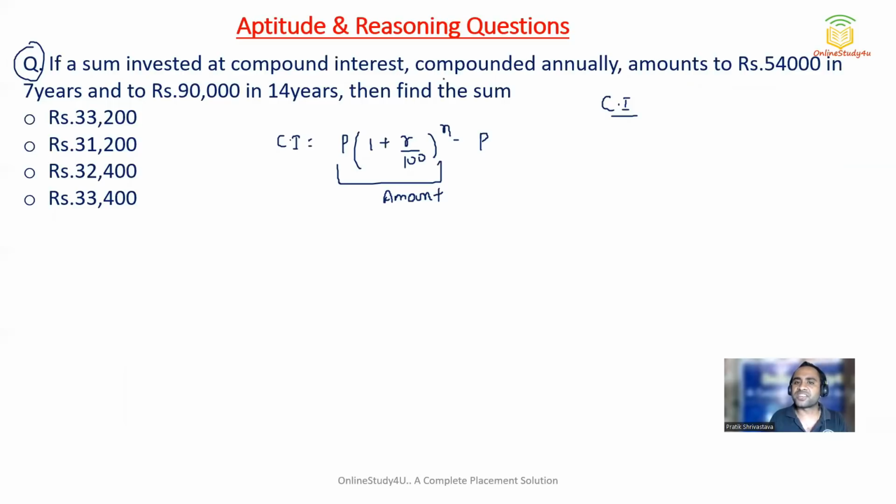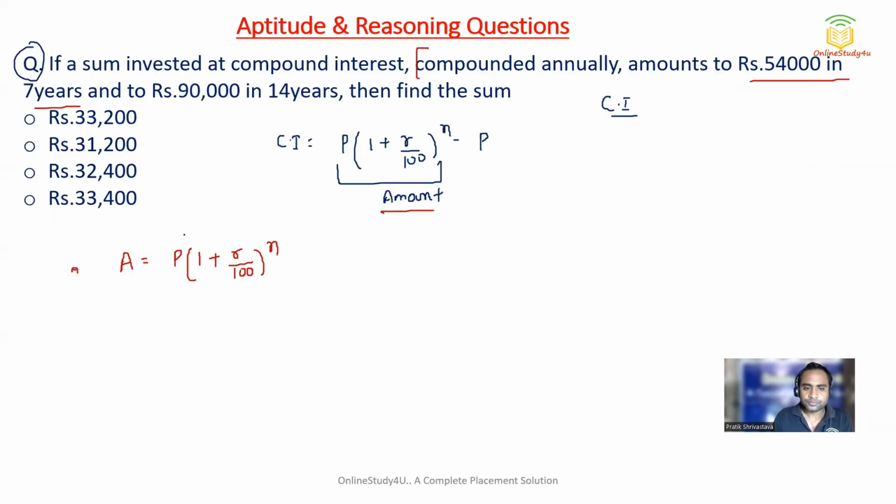So if a sum invested at compound interest compounded annually amounts to rupees 54,000 in 7 years. So if you are investing some money, in 7 years it is becoming 54,000. So that means they are talking about the amount. Amount is nothing but p into 1 plus r by 100 to the power n.